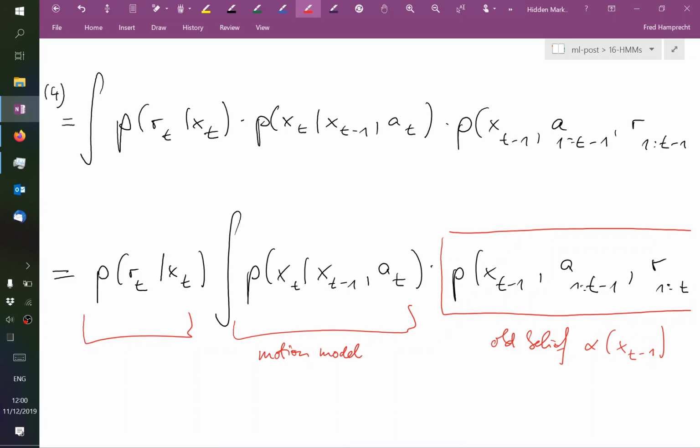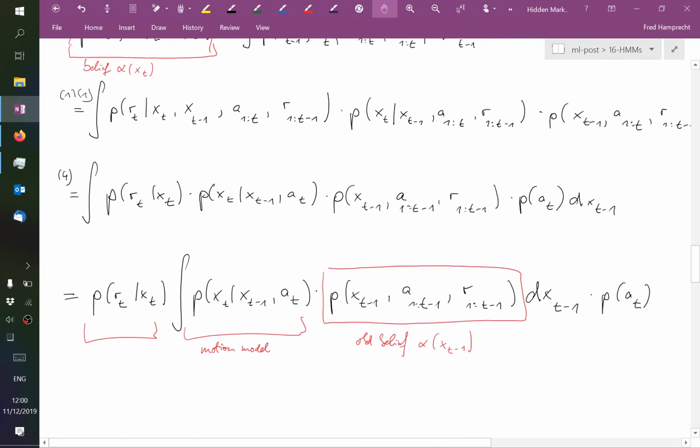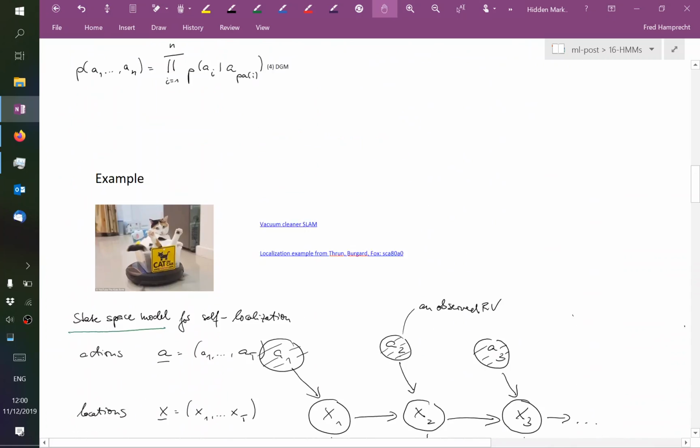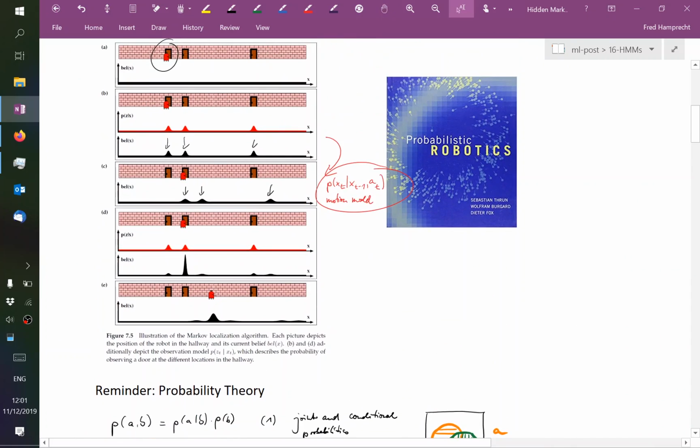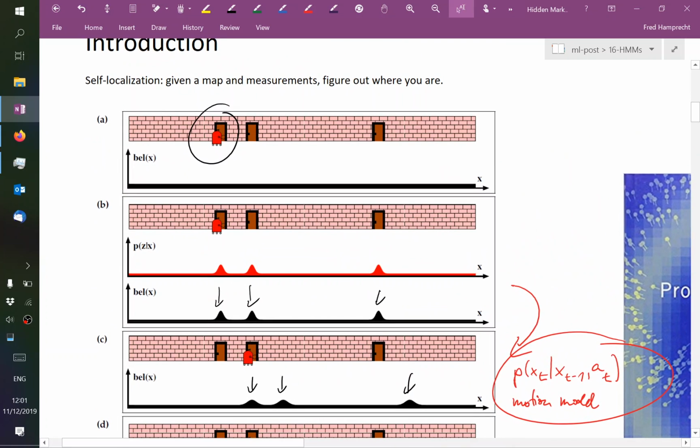All right, and then we have another model which tells us how compatible a given measurement is with a particular position. So going back to our sketch, here I have called this the probability of RT given XT.